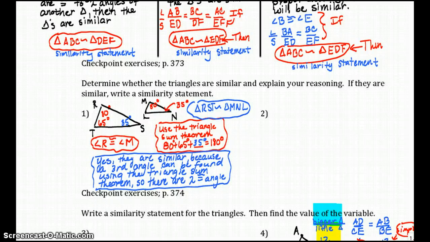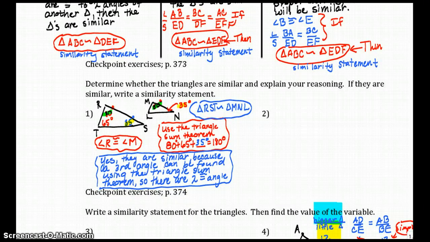And then, I wrote it in blue right here, you can see that 35 degrees and 35 degrees are congruent. So I'll go ahead and highlight the two congruent angles. And when you have two congruent angles, then you can use the angle-angle similarity postulate to say that the triangles are similar. So in answer to their question, we wrote, yes, they are similar because a third angle can be found using the triangle sum theorem, so there are two congruent angles.